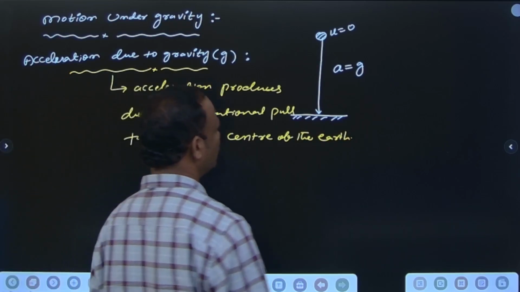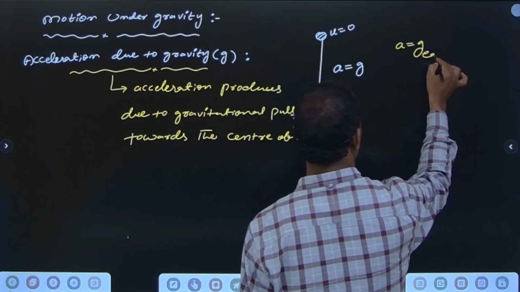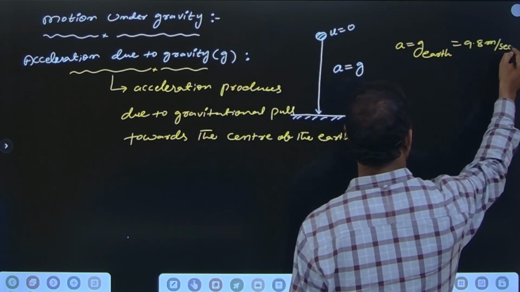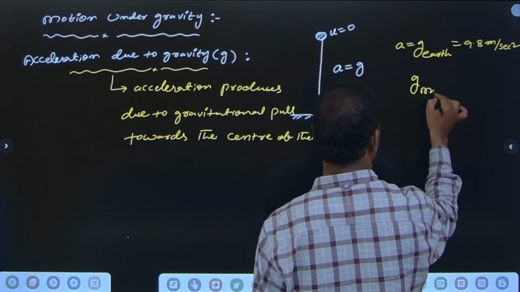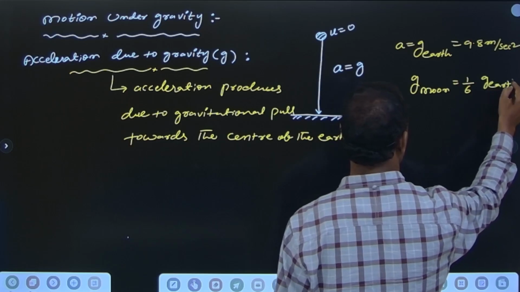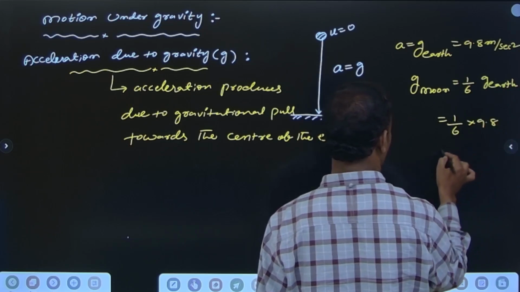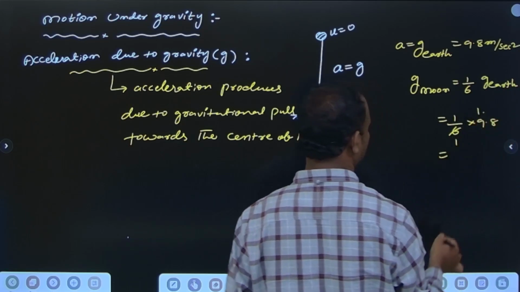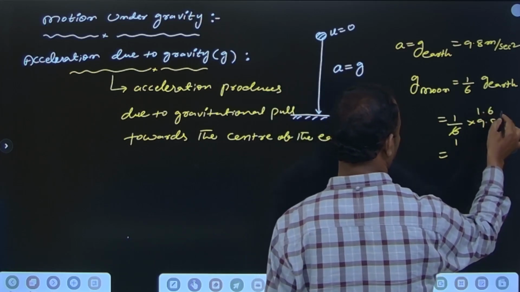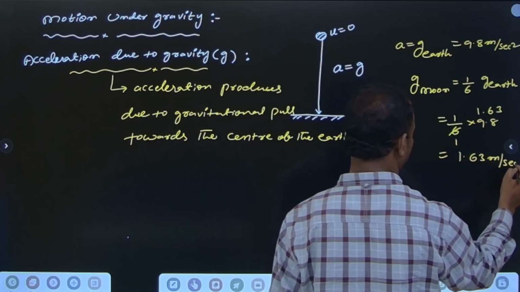So A = G. G on the earth is 9.8 meter per second square, and G on the moon is 1/6 of G on the earth. 1/6 into 9.8 is approximately 1.63 meter per second square.